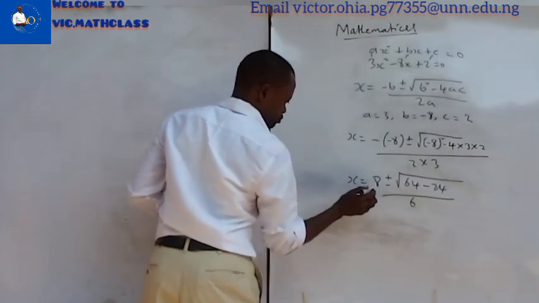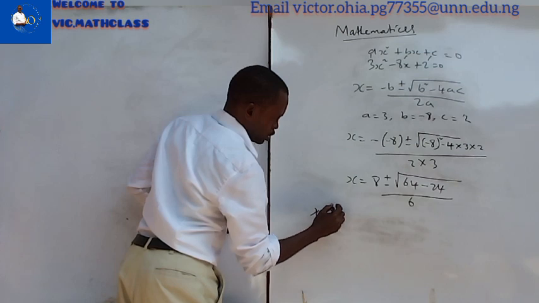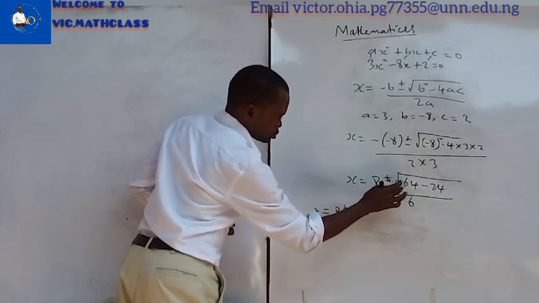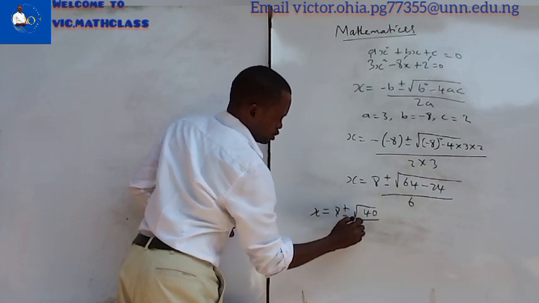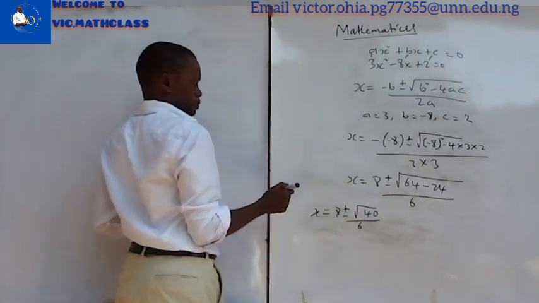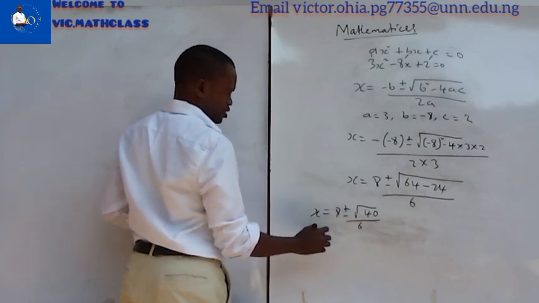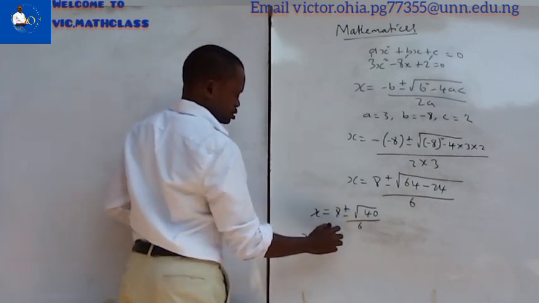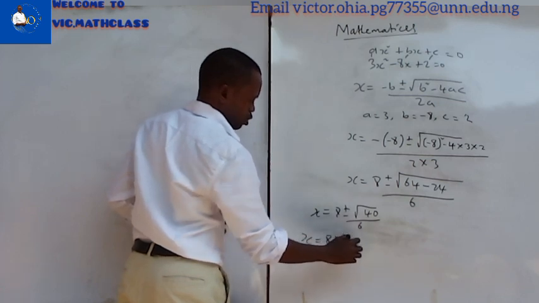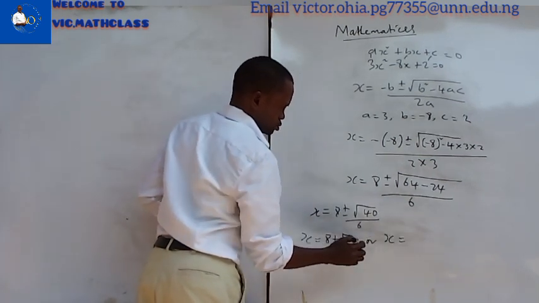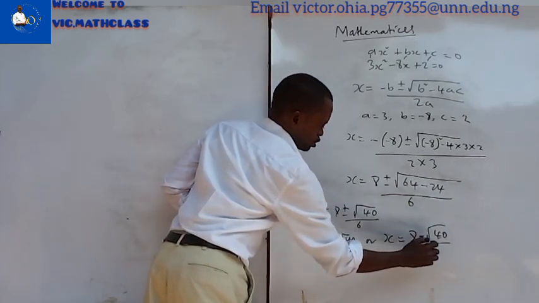So we have x equals 8 plus or minus root 40 over 6. If you separate it, you have x equals 8 plus root 40 over 6, or x equals 8 minus root 40 over 6.